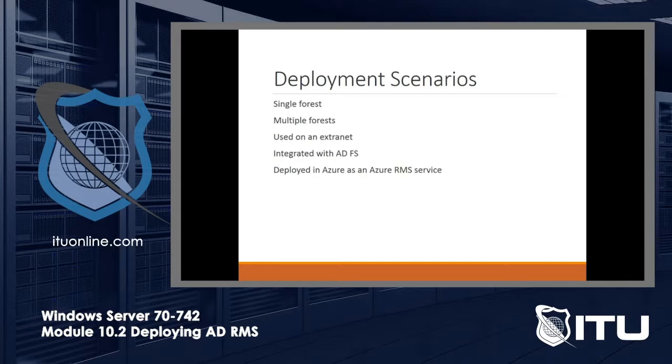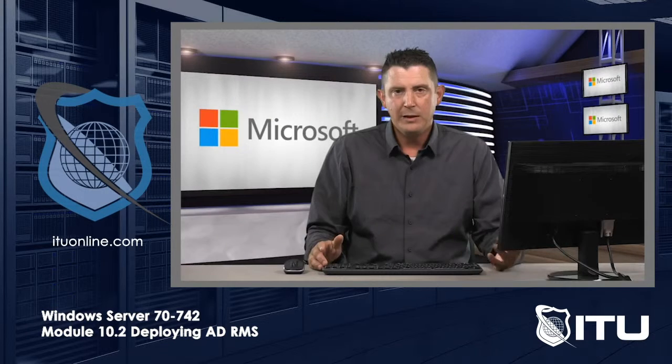Single forest: if you want to implement AD RMS just internally, that is probably the easiest implementation of AD RMS, because your AD RMS server can stay internal, it's local, it doesn't have to be accessible from the internet, and all the clients are going to trust it.